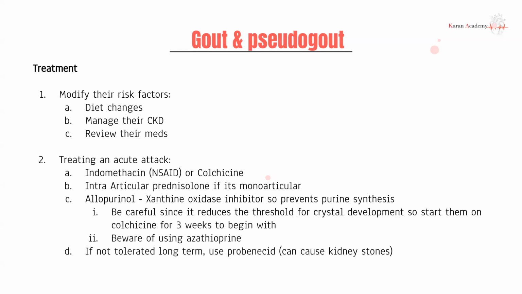So you can actually end up with an acute gout flare-up or attack after starting them on allopurinol, which is why we often also start them on colchicine for 3 weeks to begin with. You also don't want to use azathioprine because it interacts with the xanthine oxidase inhibitor pathway.